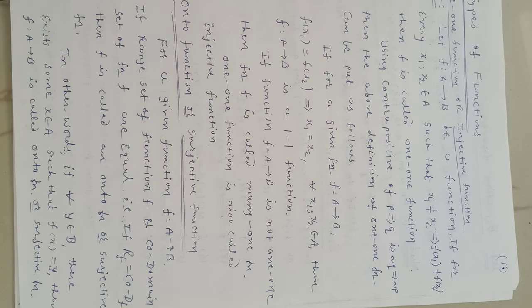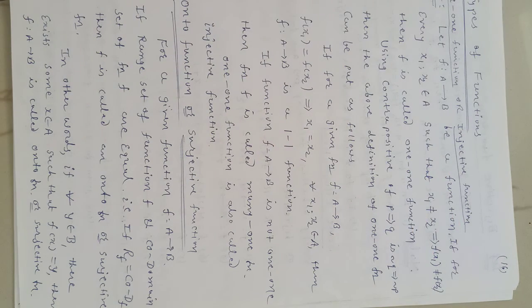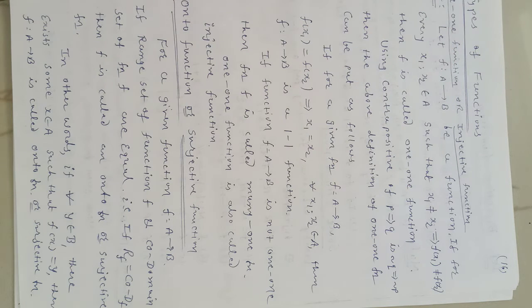See carefully, x1 not equal to x2 implies f(x1) not equal to f(x2), means if pre-images are not equal, then it implies the images are also not equal. Then f is called one-one function.